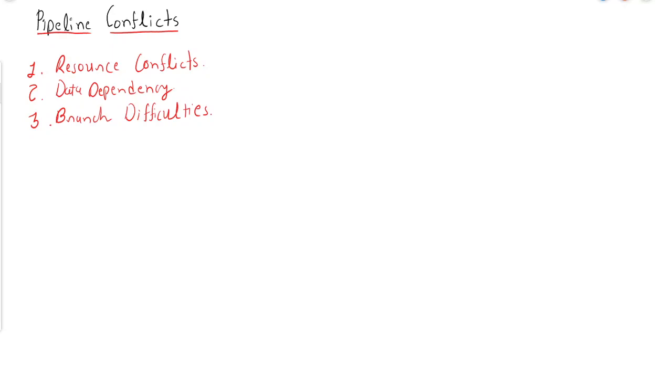In case of resource conflict, whenever more than one segment tries to access the same memory, or the same area of memory, at that time this resource conflict will take place. To solve the resource conflict, in most cases memory will be divided into two parts: instruction and data portions.